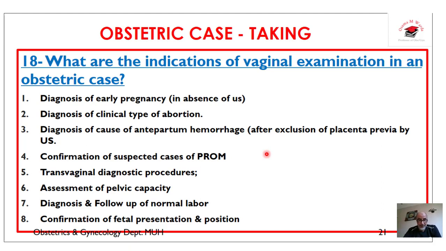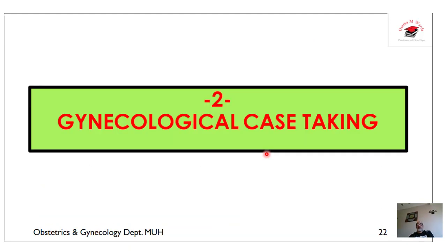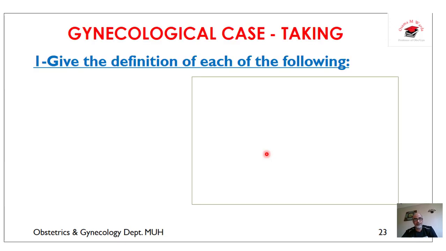We can identify the fetal presentation and position by knowing the criteria of the fetal head, the criteria of face, the criteria of breech, and also the criteria of the scapula and the ribs in transverse lie, shoulder presentation. We shift to the gynecological case taking.